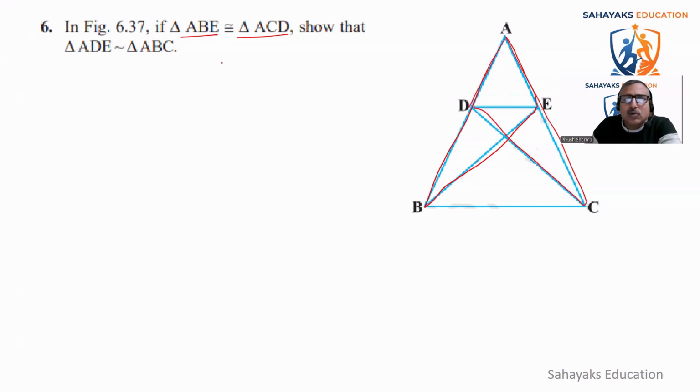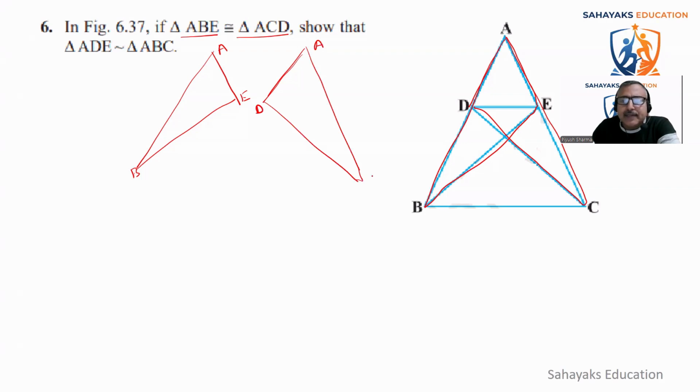So I'll make these triangles separately so that you understand which side is equal to which side. I'm just making it A, B, E. And the other one is A, D, C.